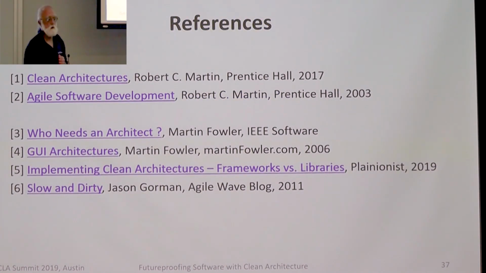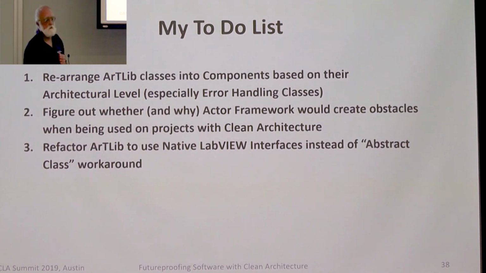So you can get to the good stuff. Then my to-do list. After this presentation, I have three action items. I have this ArtLib reuse library, and I want to rearrange the components, how I deploy it, according to the architectural level.